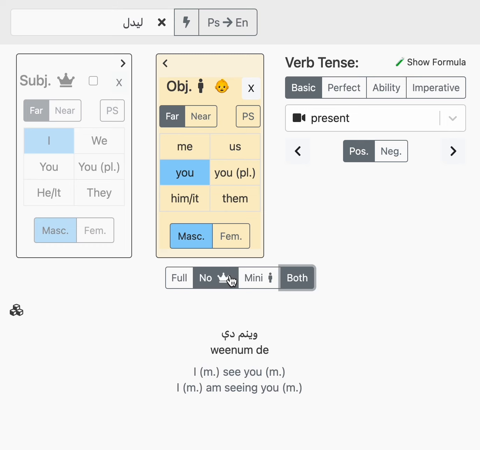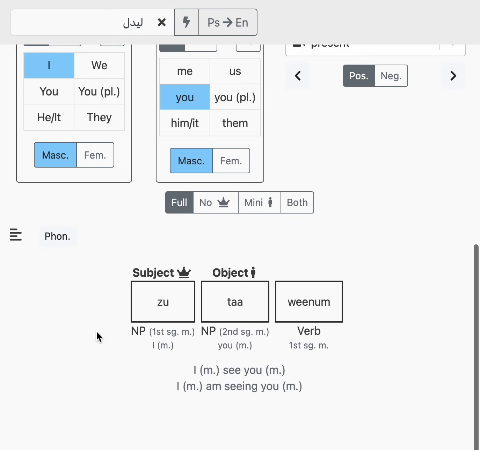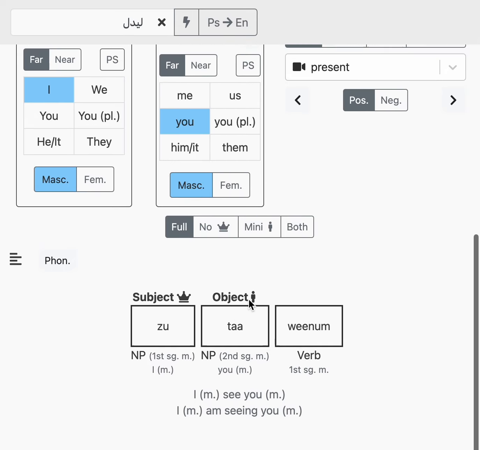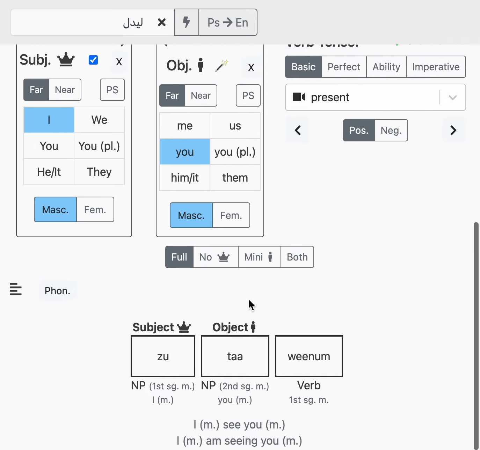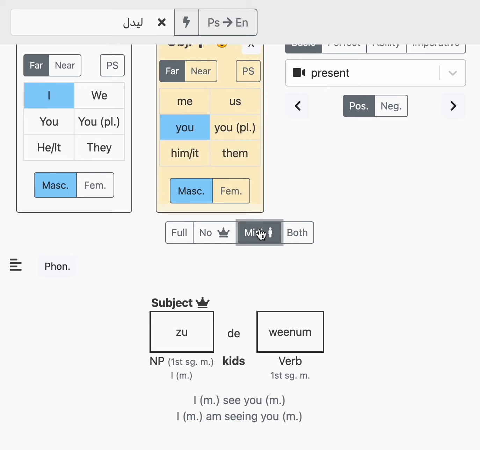Now, there's another thing to notice here. Notice how the de goes at the end of the sentence. What's going on here? So let's look at the blocks of a sentence. We can see we have a subject, we have an object, and we have a verb. When the servant shrinks to become a mini pronoun, the mini pronoun always goes in the kids section. And the kids section always comes after the first block.